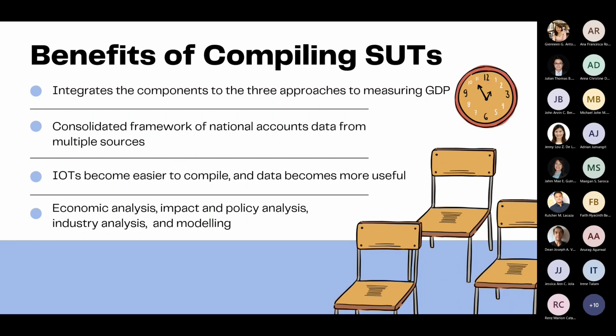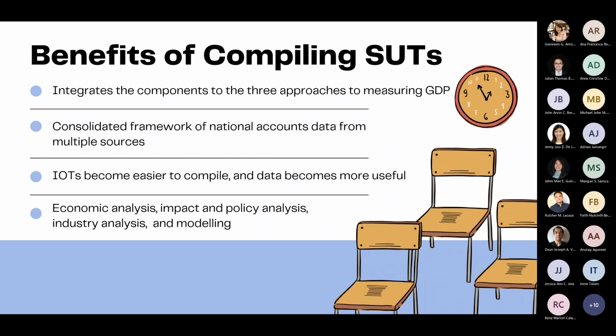Third, when SUTs are produced, it's now relatively easier to compile your input-output tables. So these IoTs derived from your SUTs will be fully compatible and consistent with figures from national accounts. And this thus adds to the credibility and analytical usefulness of both the SUT and IoT.